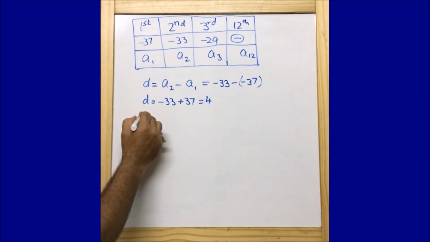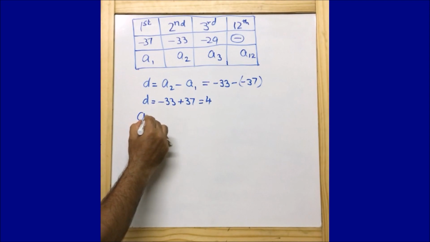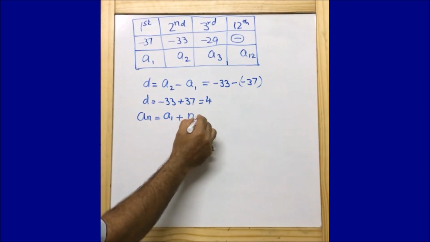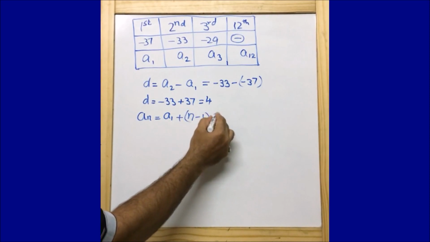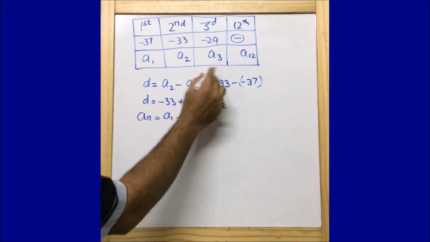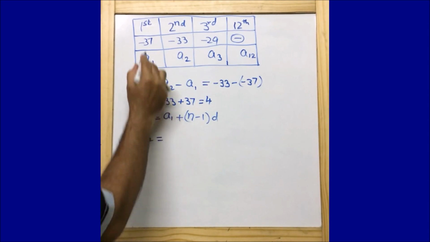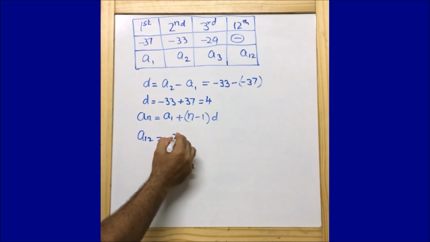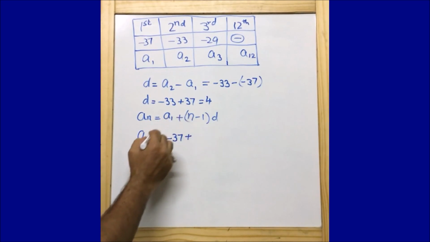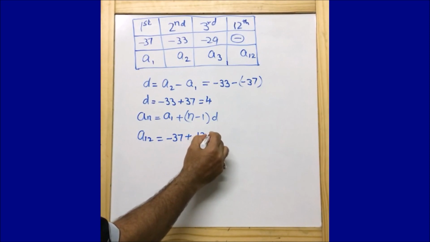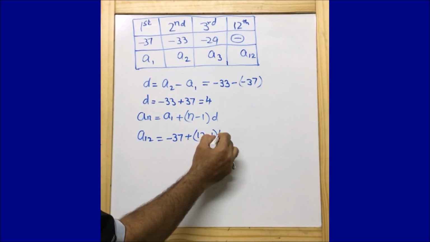So putting the formula An is equal to A1 plus n minus 1 into D, we are getting A12. A12 is equal to A1, which is minus 37, plus here n is 12, so I am taking 12 minus 1 into D, which is 4.